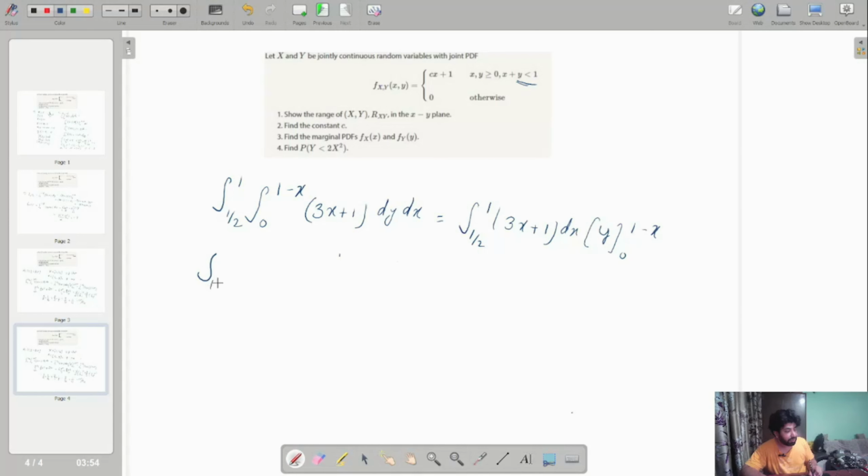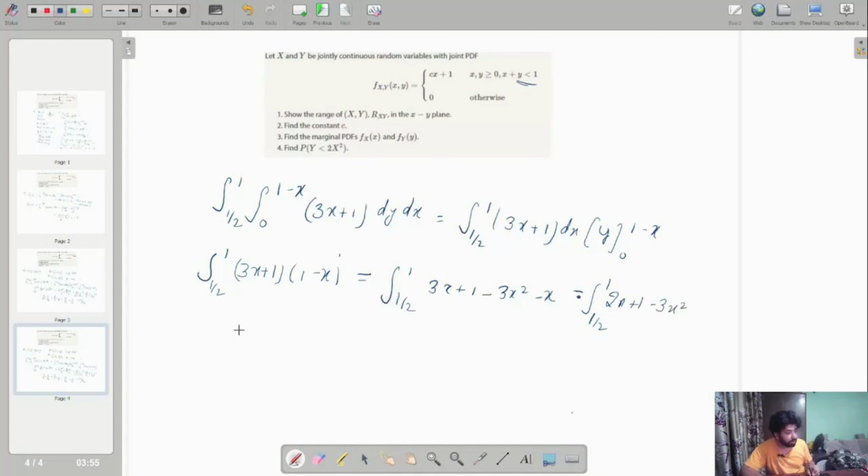So I can say this goes to 1 by 2 to 1, 3x plus 1 times 1 minus x, and then I can write this as 1 by 2 to 1, 3x plus 1 minus 3x square minus x, which will be 1 by 2 to 1, 2x plus 1 minus 3x square.